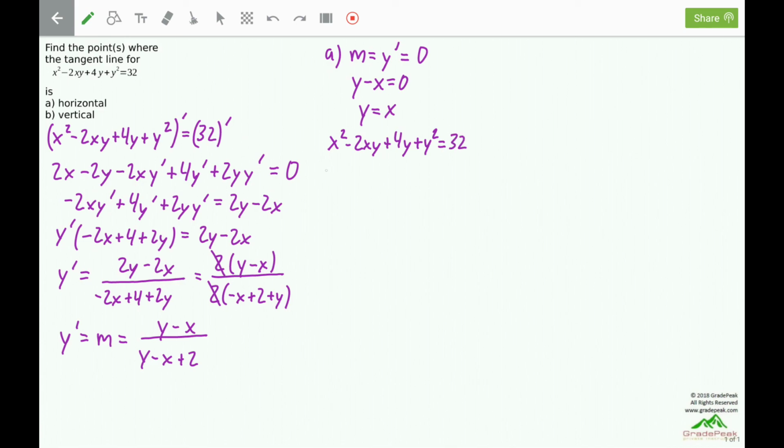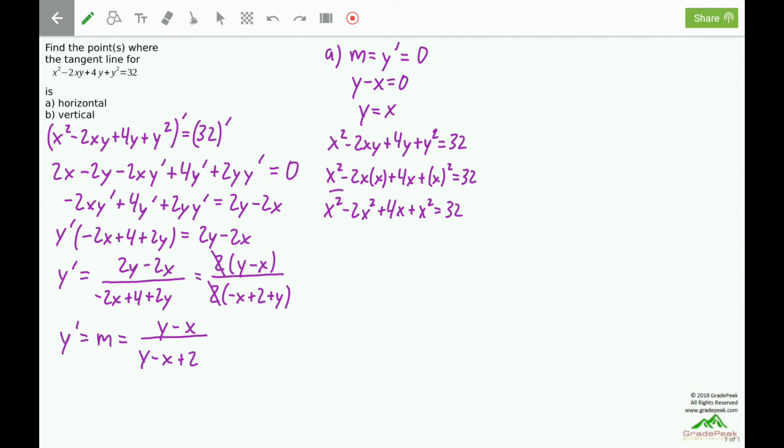Each of those y's can be replaced with an x, giving us x squared minus 2x times x plus 4x plus x squared equals 32. So we have x squared, a minus 2x times an x is a minus 2x squared, plus 4x plus x squared equals 32.